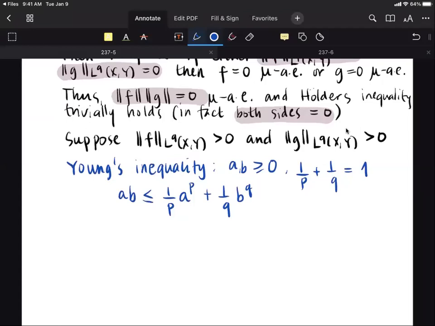Well, to know this, or to show this, I should say, note that the log function, here I'm referring to the natural log function, the set of positive numbers to R is concave.